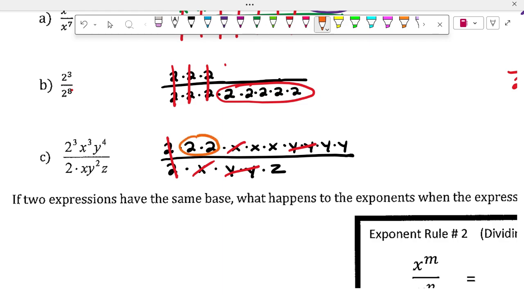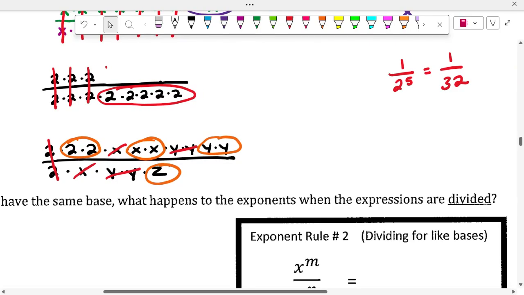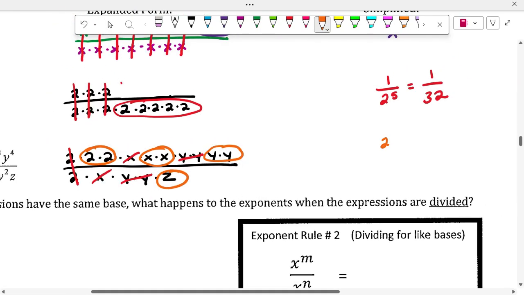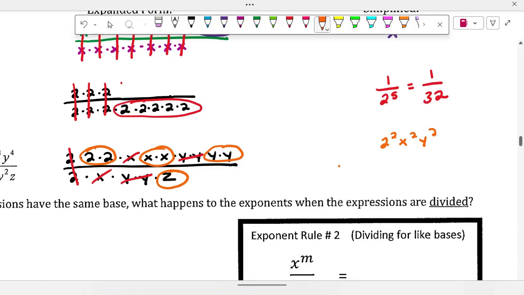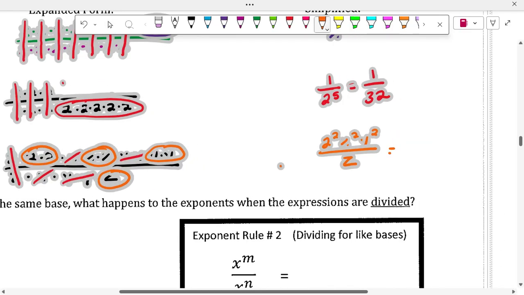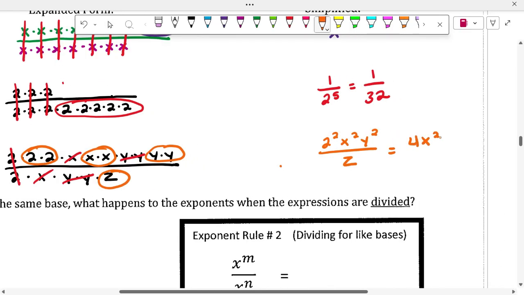So I have 2 2's in the numerator, 2 X's in the numerator, 2 Y's in the numerator, and a singular Z in the denominator. So my numerator will be what? Well, it'll be 2 squared, X squared, Y squared. We'll simplify that in a minute. All over Z. And again, you can simplify 2 squared to be 4x squared y squared over z.